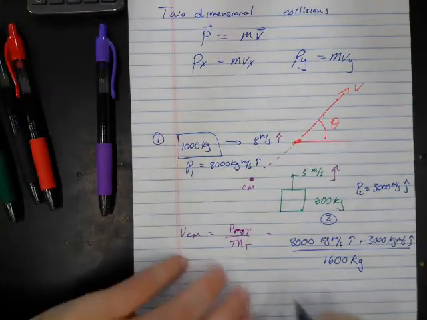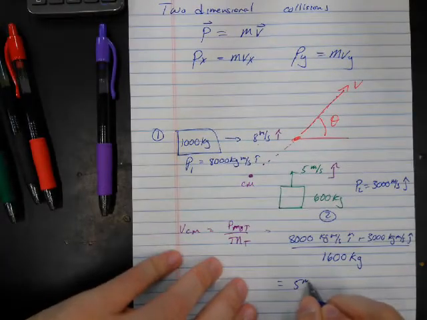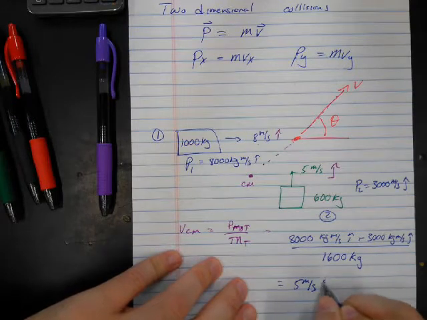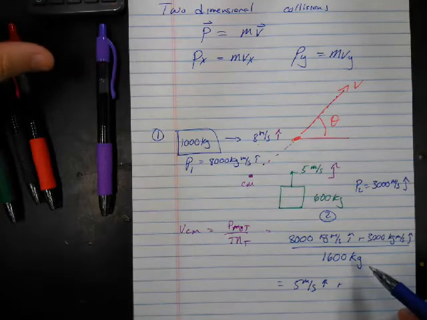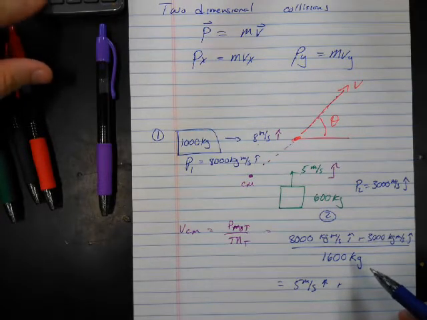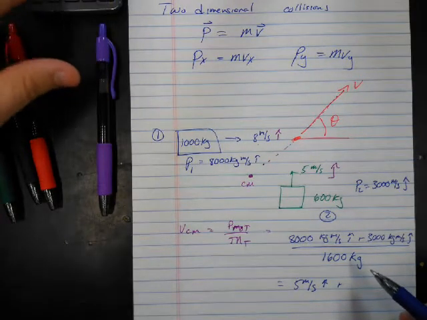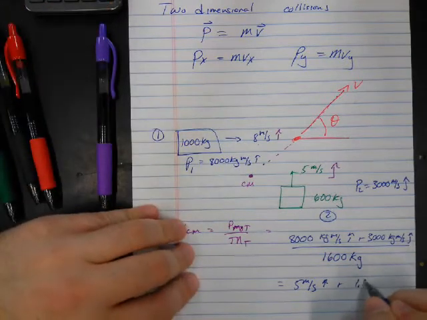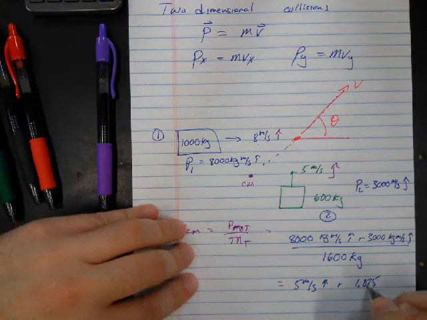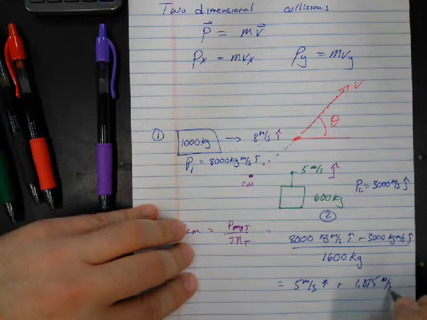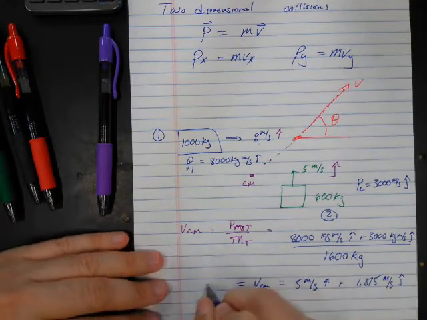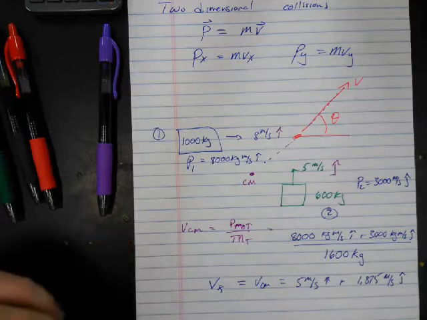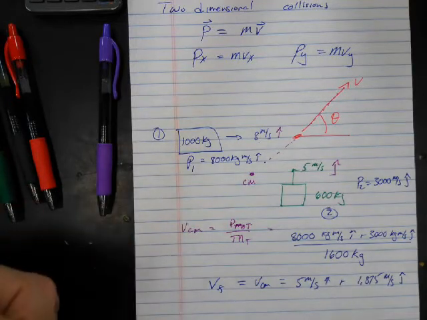And so this is going to be 5 meters per second I hat plus, and then this is going to be not quite 2, 1.875 meters per second j hat. And then in a collision, that's the final velocity.